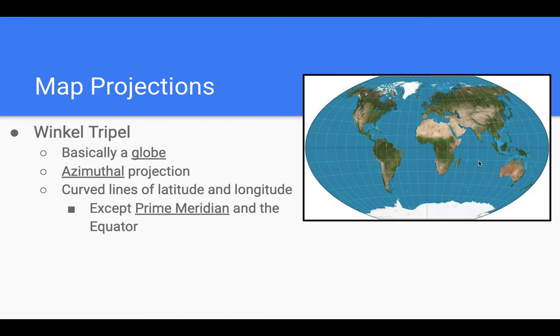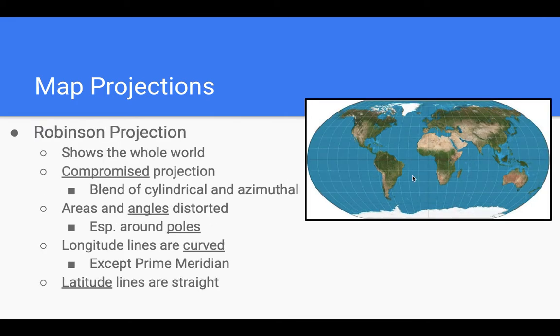Now in the Winkel Tripel, it's just the prime meridian and the equator that are flat. On this one, all the lines of latitude, including the equator, are flat. So that's the biggest difference. The Robinson doesn't take into account the latitude moving away from the equator. But it does show land more accurately than, say, the Mercator does.